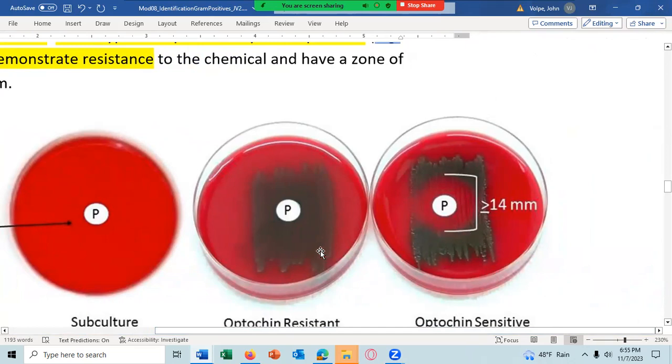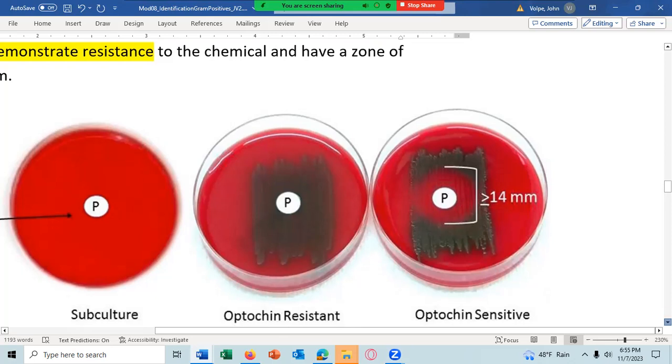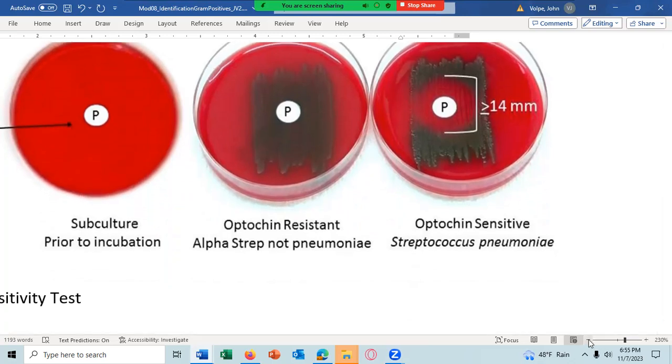Remember, the resistant can be no zone of inhibition, but it can be a zone of inhibition less than 14 millimeters. Any question about any of that?